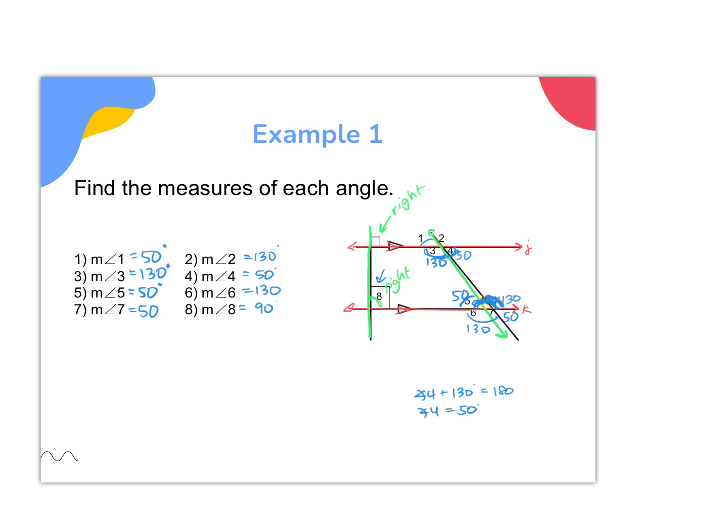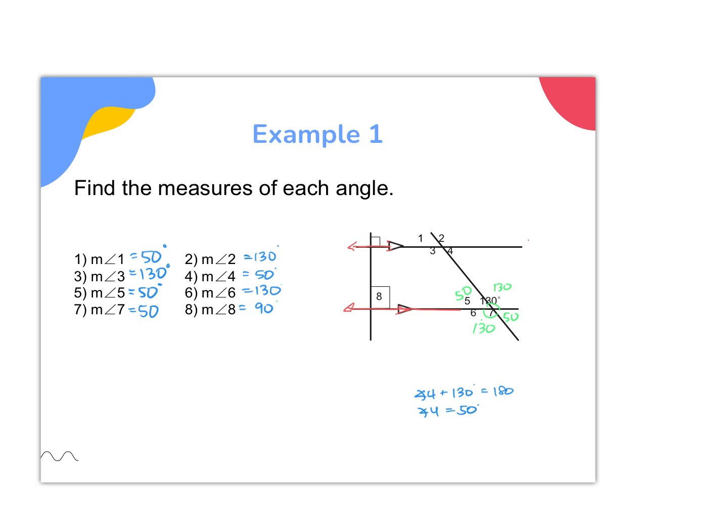Now, was there another way? Was there other things you could have done? Yeah. If I look back here, once I knew this original one was 130, I could have known that angle 6 was 130 because these two are vertical angles. And using linear pair, I would have known 50 and I would have known 50.